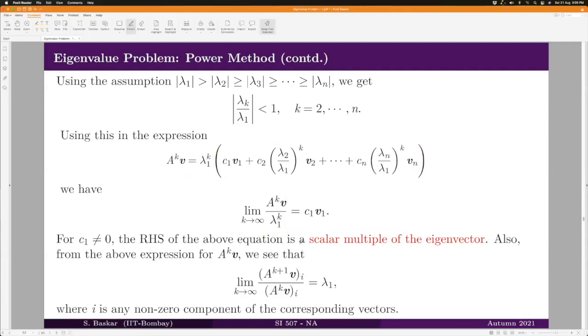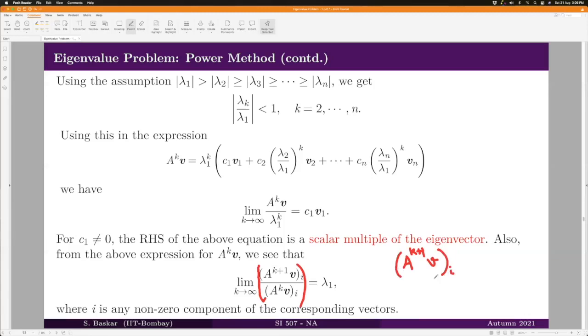Now, what you do is you take this term. You take A^(k+1) b, which you obtained at the (k+1)th step. You take any one component of this vector. Doesn't matter which component.